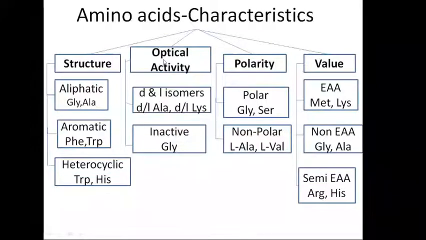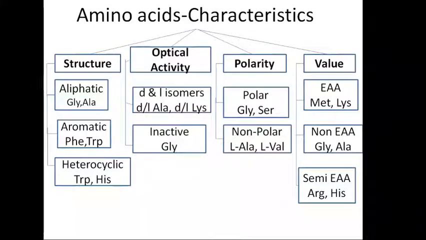Based on the optical activity, the amino acids have been categorized into optically active and optically inactive amino acids. As you have learnt, the alpha carbon atom present in the amino acid, excepting the glycine, is asymmetric.